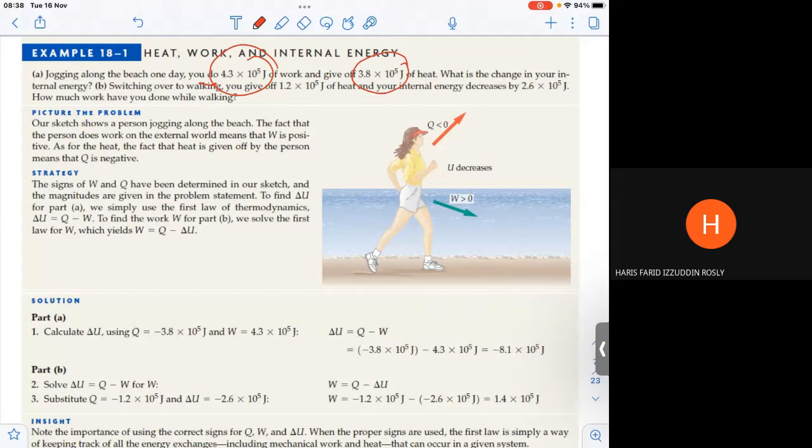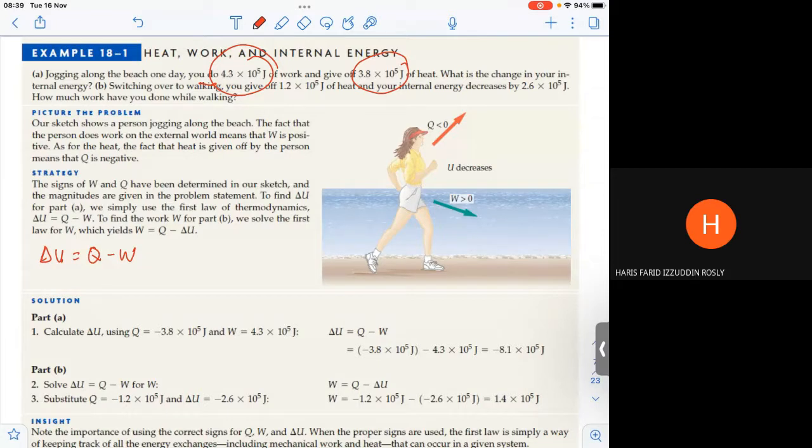The first question is, what is the change in internal energy? Based on my notes, delta U equals Q minus W. Q means heat, W means work. The same goes for the survey textbook's equation: Q is heat, W is work.